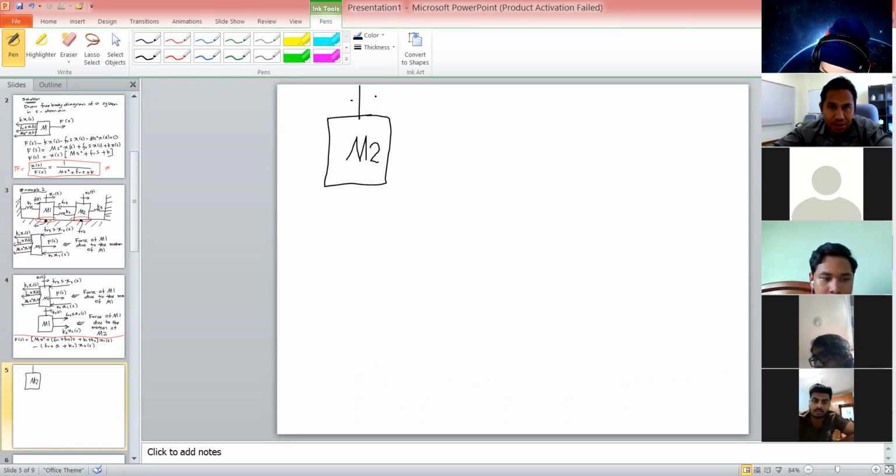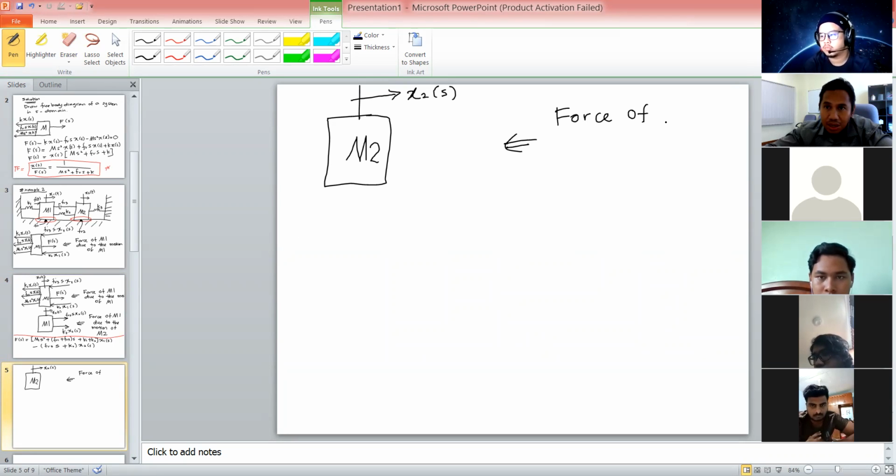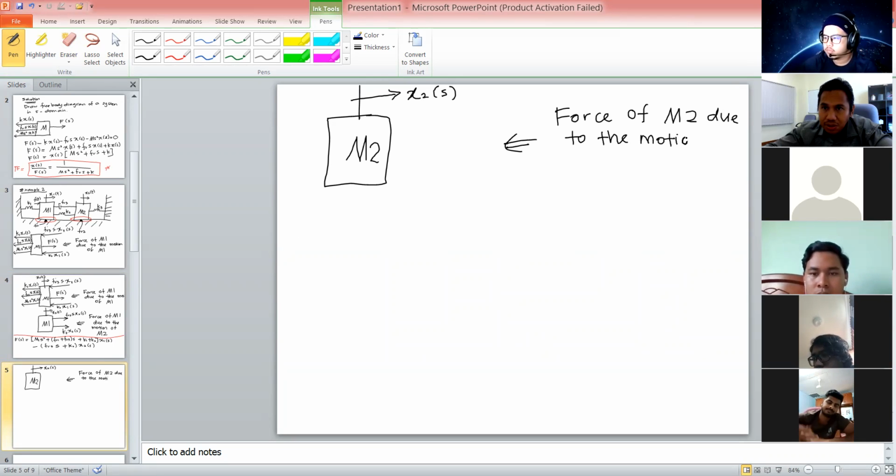So we have here X2S. This is the force of M2 due to the motion of M2.